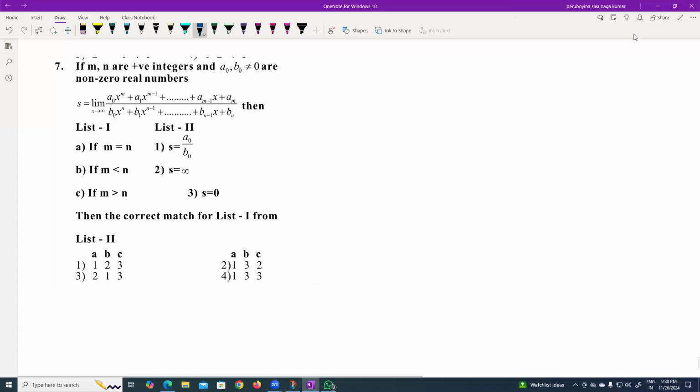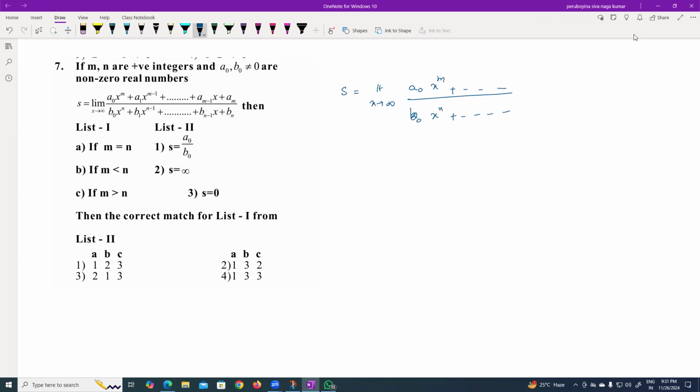Now a conceptual question. Let us solve this problem step by step. S is equal to some type of polynomials they mentioned: a naught into x power m and so on. This is the highest in the numerator. In the denominator, if you observe, b naught into x power n is the highest, and so on.